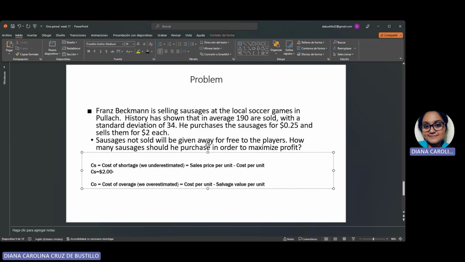And the cost per unit, I'm going to mark it here, is 25 cents, okay? This is 1.75. Now, let's analyze this value. What is this? This is the cost of opportunity. It's the profit that you would have had if you were not left without stock.